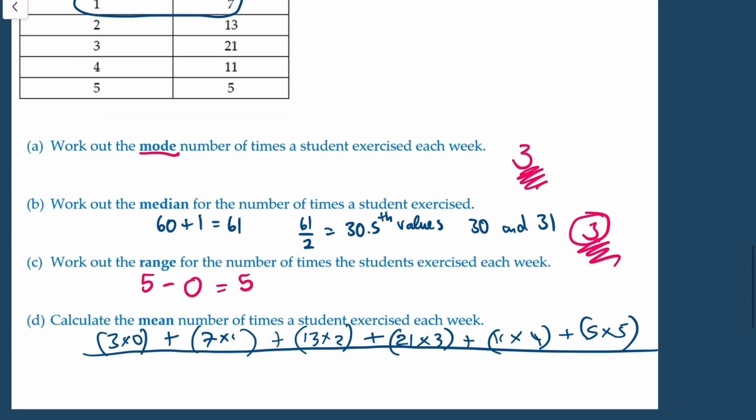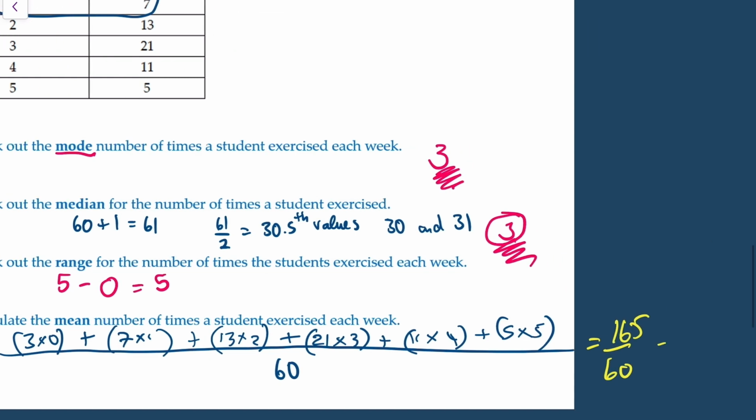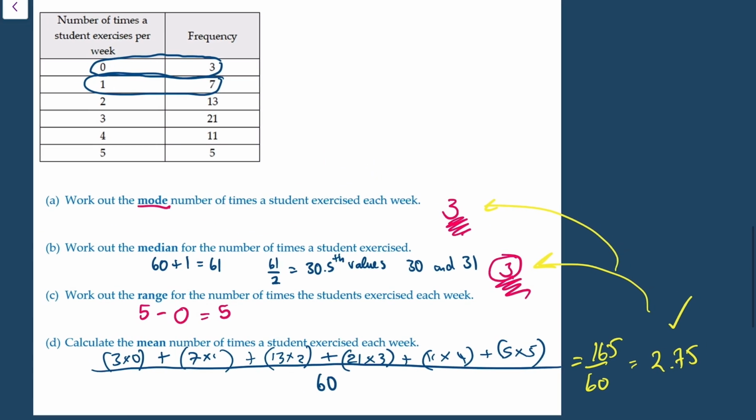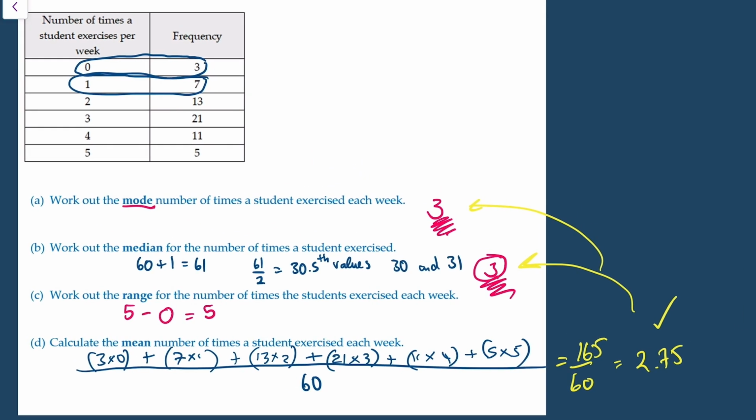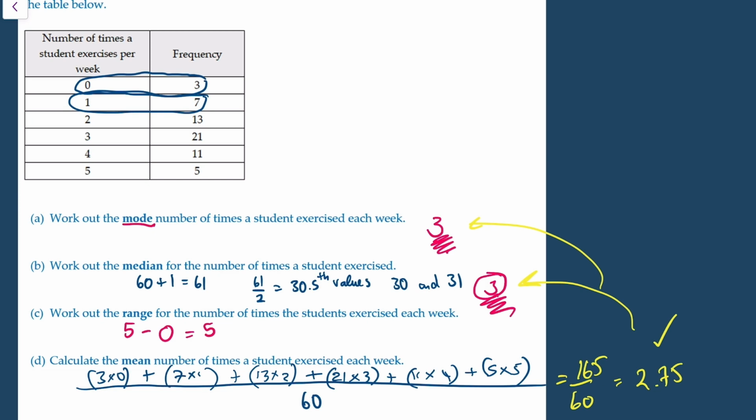Divide that by how many people exercised, which is 60, and when you work this out, 165 divided by 60 comes to 2.75, which makes me happy because it's similar to the 3 and 3 there. So I know I've got this right. I'm in the correct vicinity of what the mean should be.